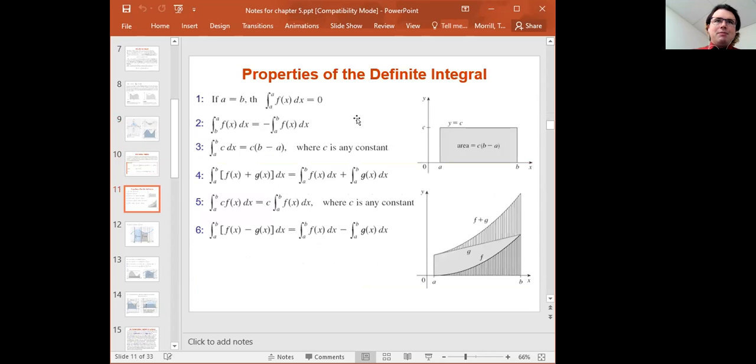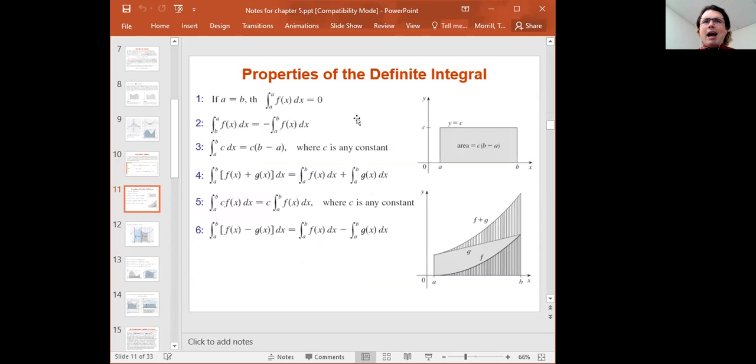Now, this area idea lets me better understand some of the properties that the integral will have. So on this slide here, and again on the next couple slides, are some of the properties about the definite integral.